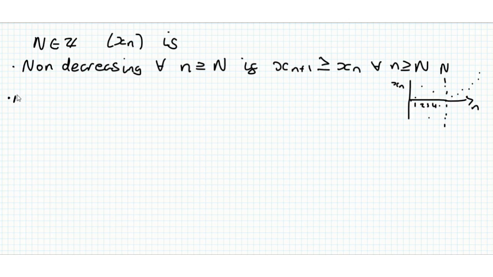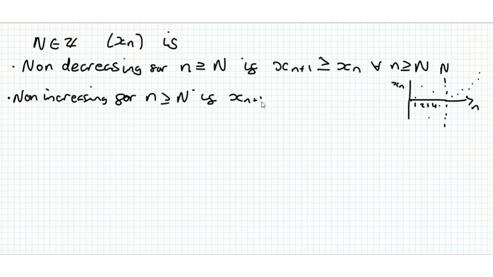And then similarly, non-increasing, and I shouldn't really be writing for all here, just for n greater than or equal to N, if xn plus 1 is less than or equal to xn for all n greater than or equal to N. And this graph would look similar.